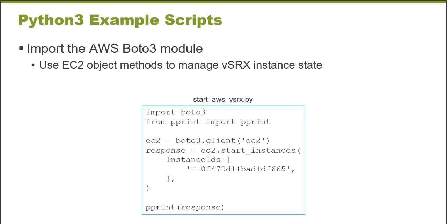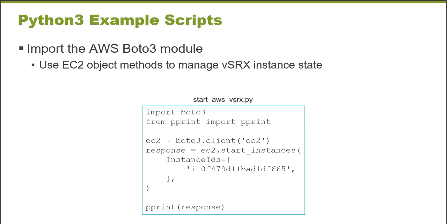The example imports the Boto3 module. There will be output printed to the screen, so I'm importing the pretty print module. I'm declaring an EC2 variable to be the Boto EC2 client, and EC2 represents a connection to AWS.